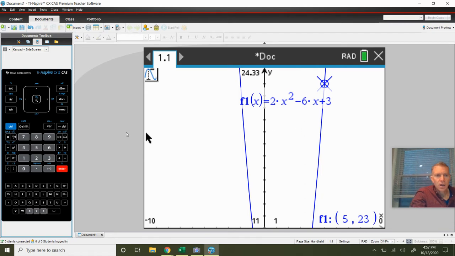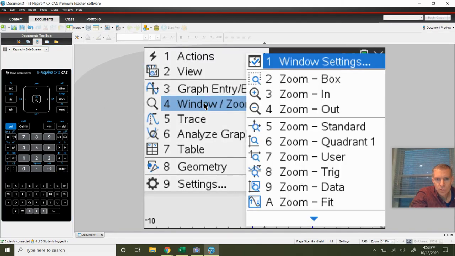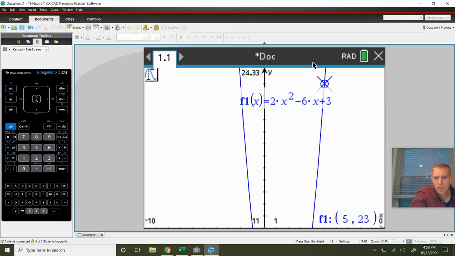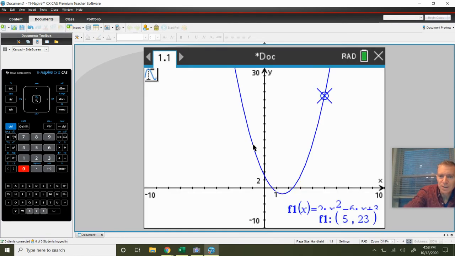Let's just for fun change the window zoom. Let's do our window settings manually. We know that those y values were 23, so we can go from negative 10 to positive 10. Our y min, let's go from negative 10, and our y max, let's make that 30, so we can see a little better what our parabola looks like.